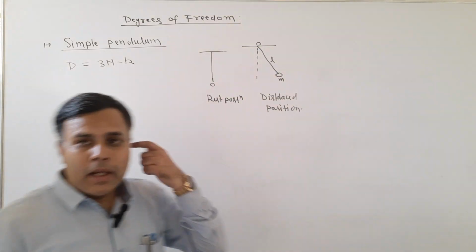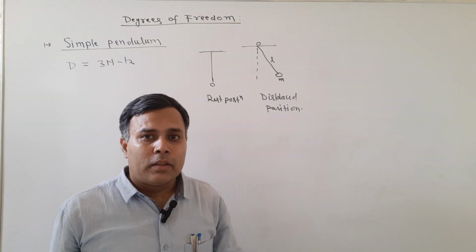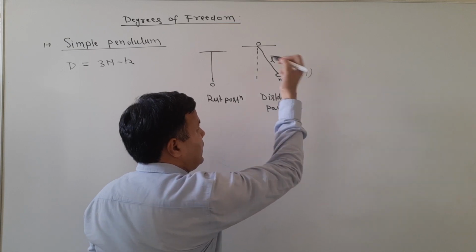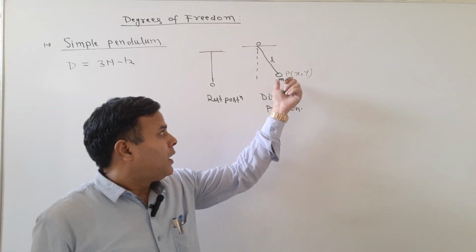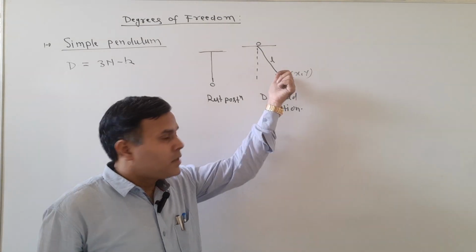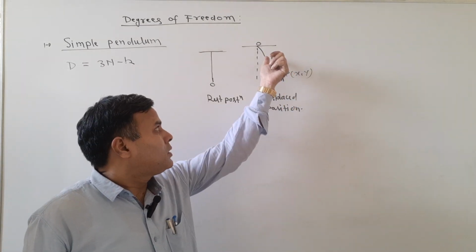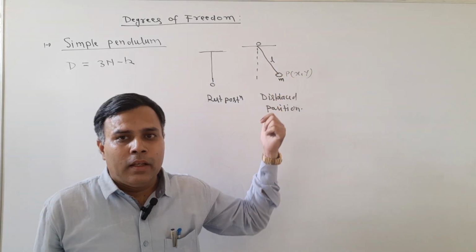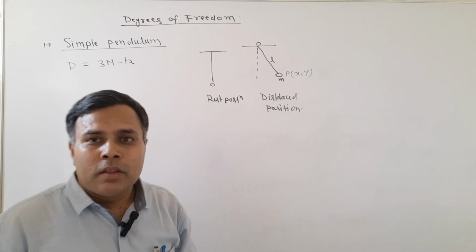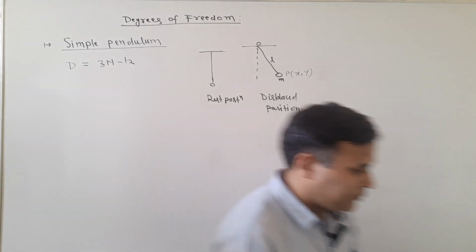So what is our n? N is simply the number of particles. We have only one particle because a bob of mass m is attached to a massless string of length L. This system is known as simple pendulum. So the number of particles in this system is simply 1.